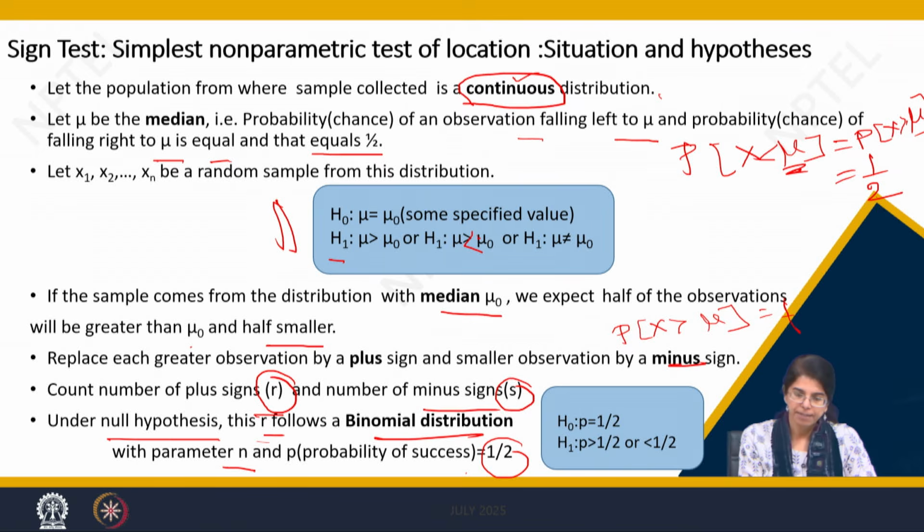And what is that mu? Under the null hypothesis, mu is mu 0, and p will be equal to half, and under the alternative hypothesis this will be just p. Is it clear? When we are choosing this mu as mu 0, then that p will be half, and when this mu is not equal to mu 0, then that p will be less than half or greater than half. So, whatsoever that p is not equal to half, that will be the stuff.